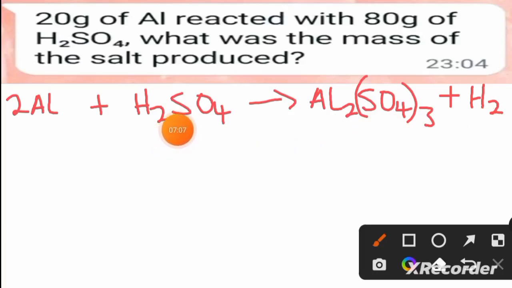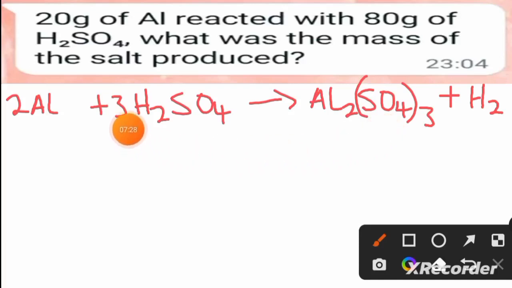Here we have 1 atom of sulfur and here we have 3 atoms of sulfur. Hence there is a need to balance atoms of sulfur, so we are going to write 3 here. Let us counter check: atoms of sulfur 3, 3, balanced.